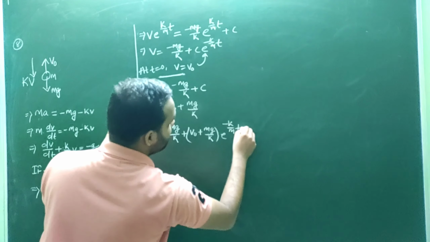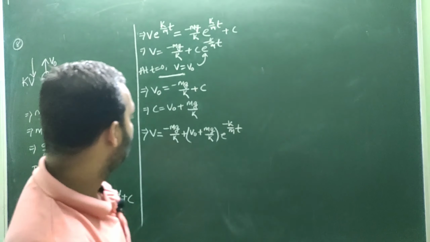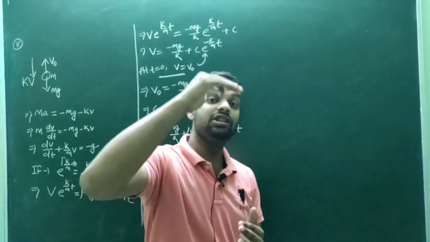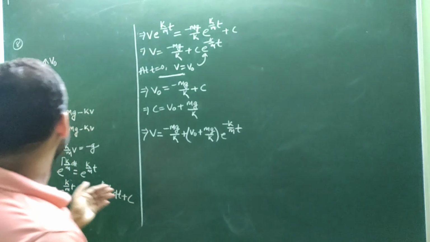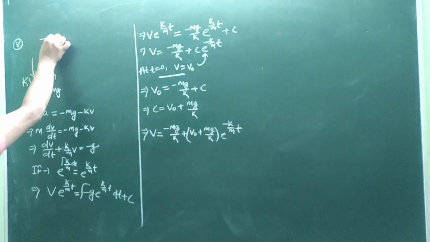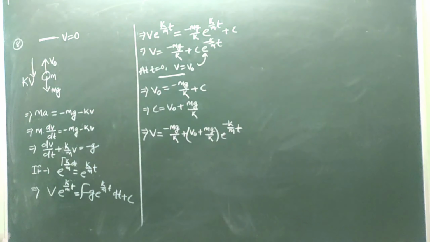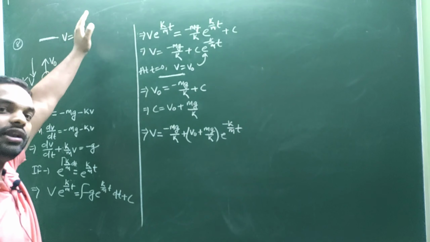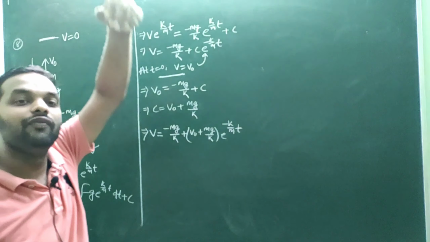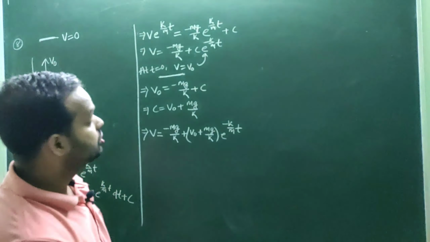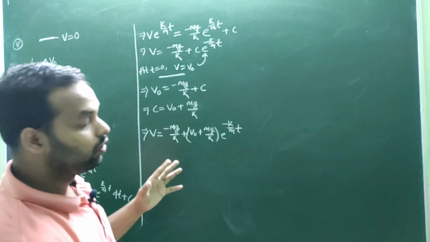And next he is saying to find out the time at which the particle reaches maximum height. So tell me, if the particle reaches this maximum height, then at this point the velocity will be 0, because this is the maximum point which the particle can go, and after that this particle will fall down. So at this point velocity will be 0.